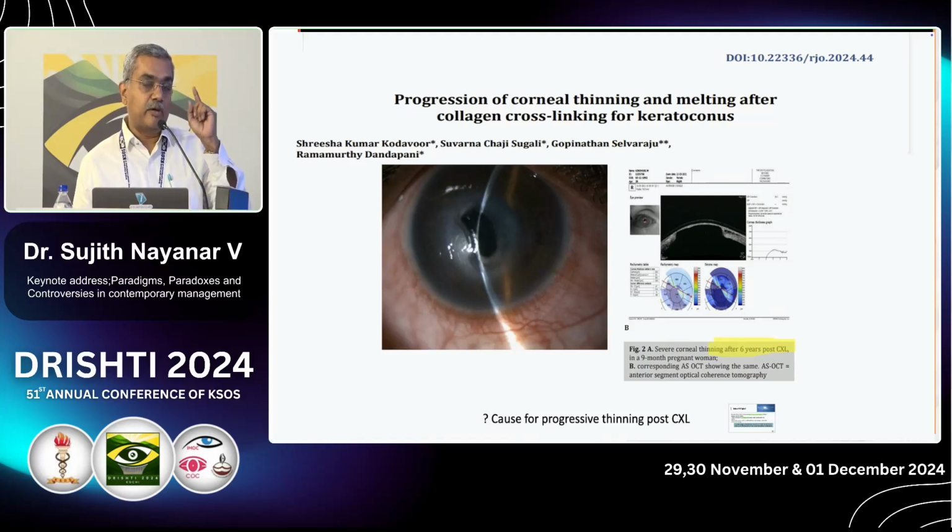Patients who have been aggressively cross-linked 10 years, 15 years back are now coming up with progressive thinning of the cornea. At that time, we reported, and all presented in conferences, that cross-linking was safe after 1 year, 2 years, 3 years. But now after 10 years, they are coming with these sorts of corneas, and these are being presented in conferences more and more. It's a progressive thinning of post cross-link cornea happening many years later.